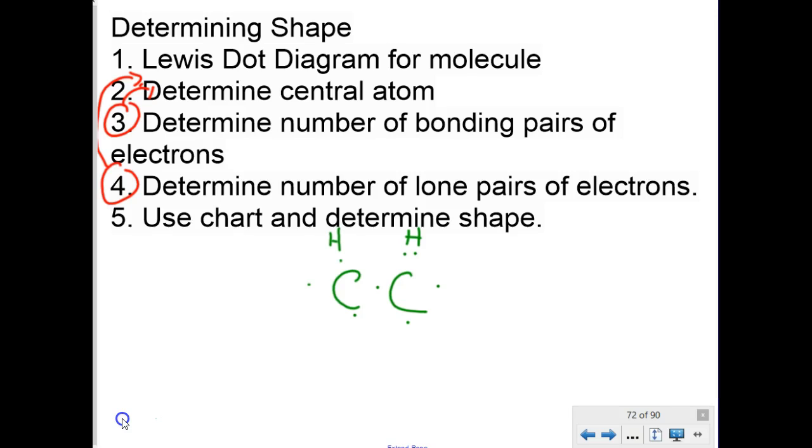So then you are going to have one pair shared here, one pair shared here, and one pair shared like that. Kind of messy.